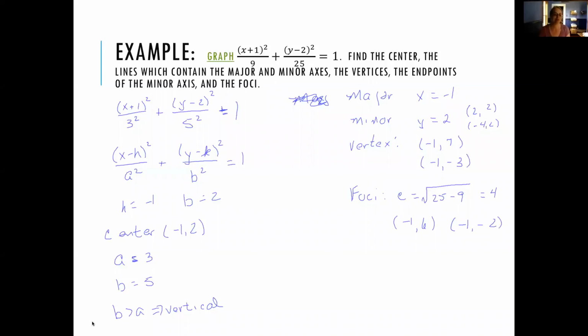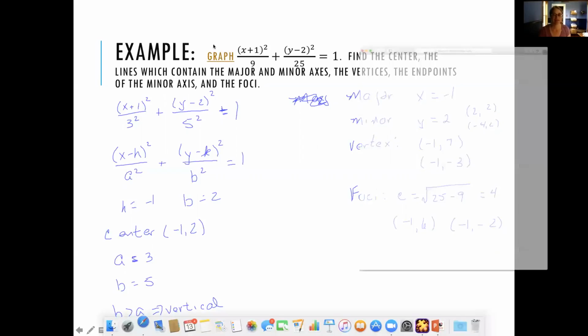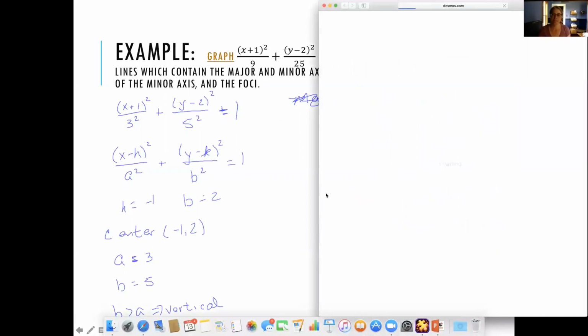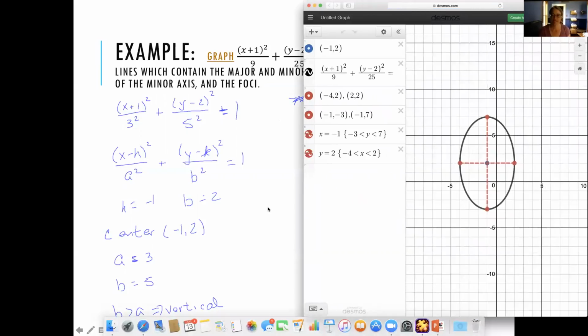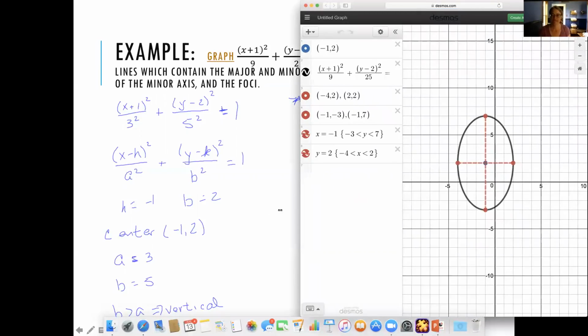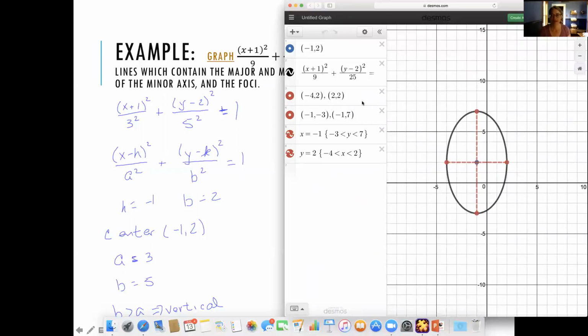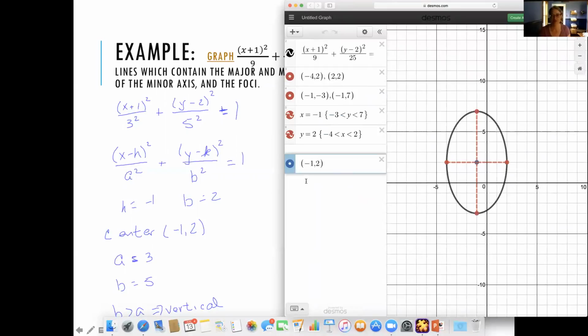Let's see if I'm right. Let's take a look at the graph. All right, I've got my center at -1, 2. This is my oval. I just had Desmos graph this for me.